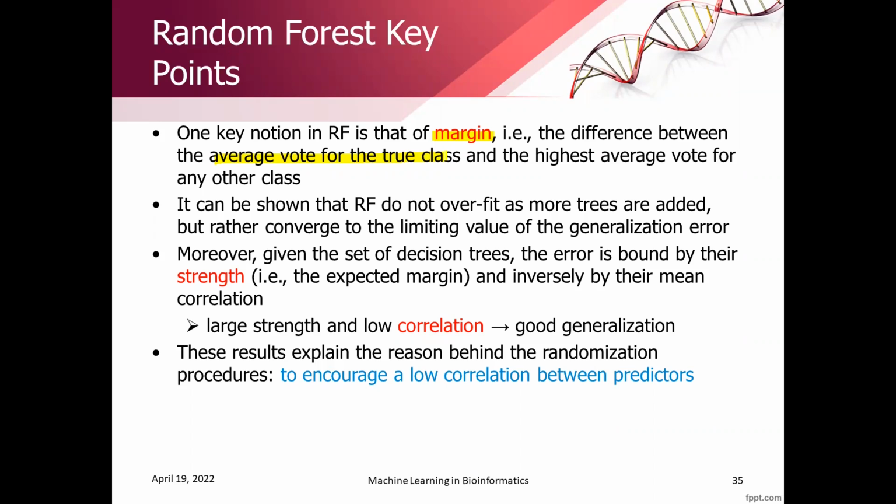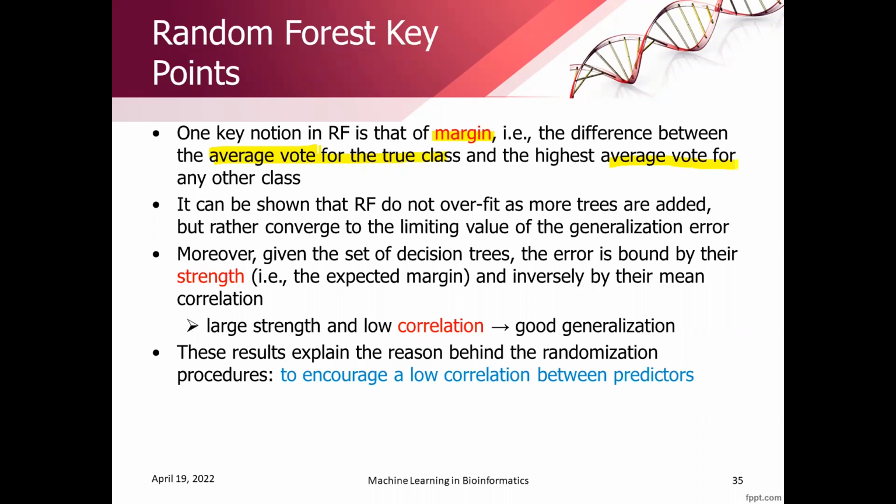So the difference between the average vote, what we obtain, and the class of highest average vote for any other. So what should be the cutoff to vote for any other class? This means that when we select a given cutoff, we obtain some performance of the classifier.